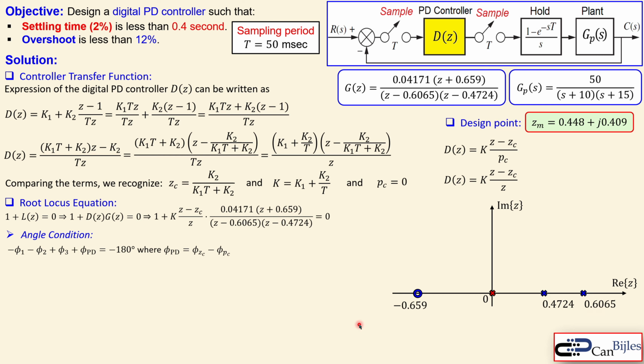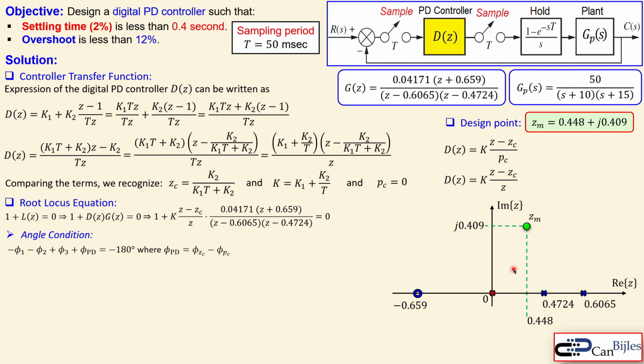Okay, now what is the required calculation here? We need to move towards the design point as we did in the root locus design for the analog controllers. So the Zm here has a real and imaginary value. The real value of the design point is 0.448 and the imaginary value is 0.409.